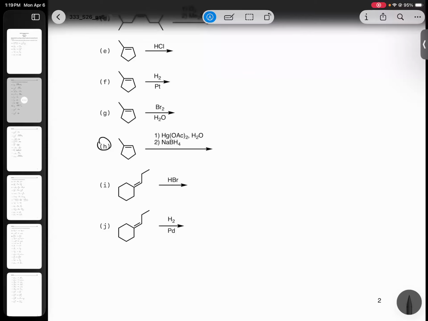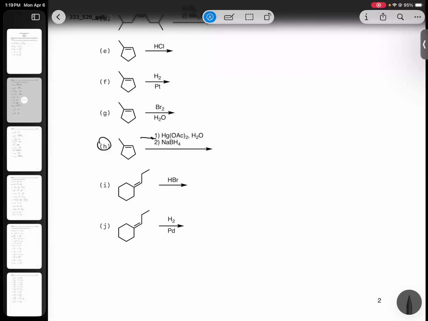The first thing, before you even look at the starting material, well, maybe that's not a great piece of advice for later, but in this chapter where we're just starting with alkenes, the first thing you need to do is look at the reagents and figure out what kind of reaction we are doing today.